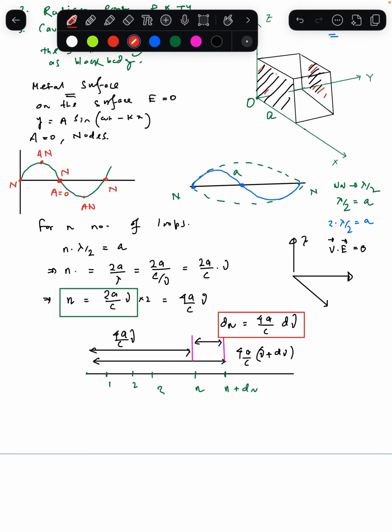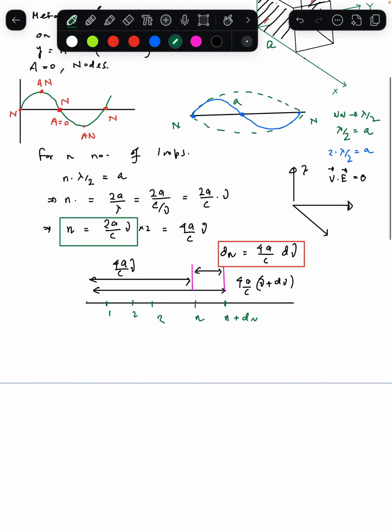Now the same approach I will extend to a three-dimensional cavity. For a 3D cavity we will have x, y and z axes. First, along the x-axis, let us check what will happen. I will use the same equation along the x-axis. We can write a is equal to nx into lambda x by 2.